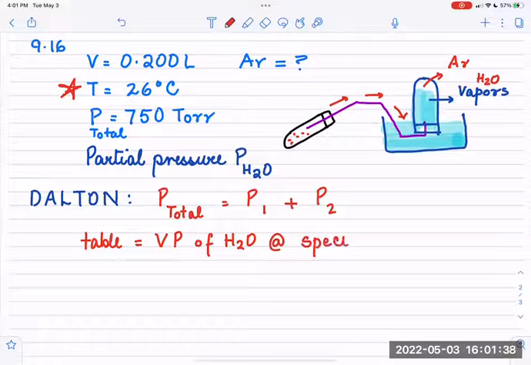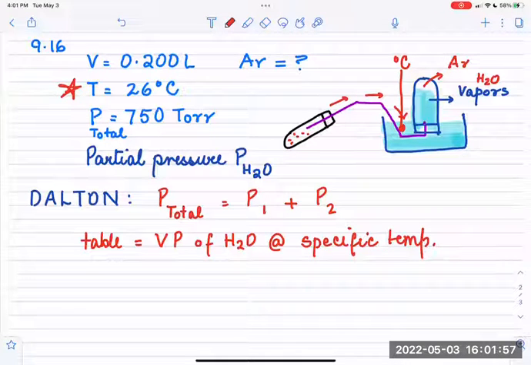So it's very important to note down the temperature at which the gas is being collected. For a specific temperature, you look into the table and note down, at 26 degrees Celsius, what is the vapor pressure of water. So let's look at that.